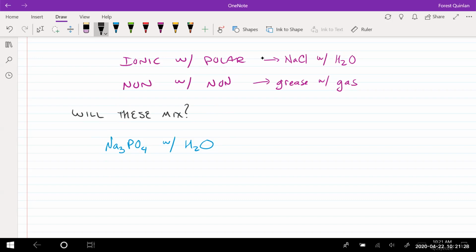Will these mix? Sodium phosphate with water. This will mix because we have an ionic with a polar.